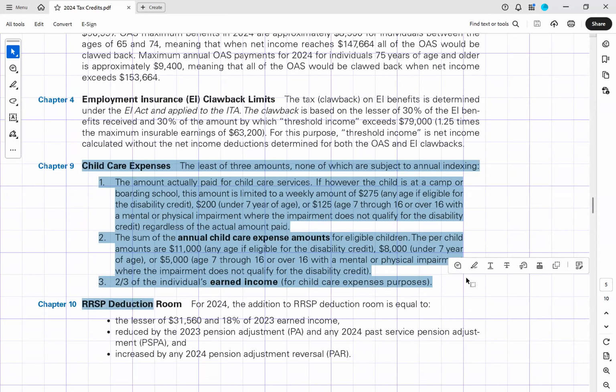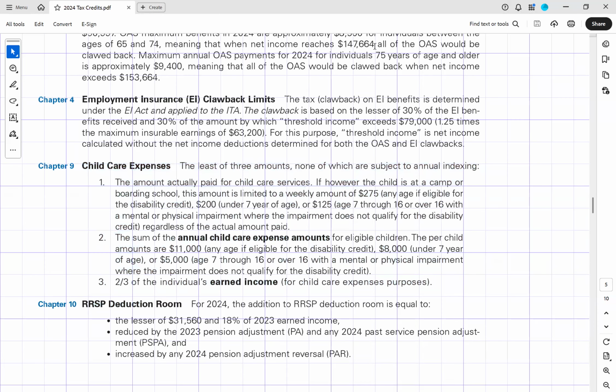So can I just summarize what we talked about? Those are the least of 3 amounts. The first amount is the actual amount paid. The second amount is the annual amounts, the 11,000, 8,000, 5,000. And then the third amount is 2/3 of the earned income. So it doesn't talk about the higher income spouse. The higher income spouse has that 4th limitation, but this is where it's summarized on the rates table. So let's go back to our Excel document and let's look at how much he can claim.